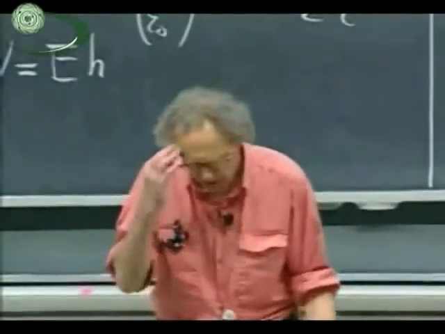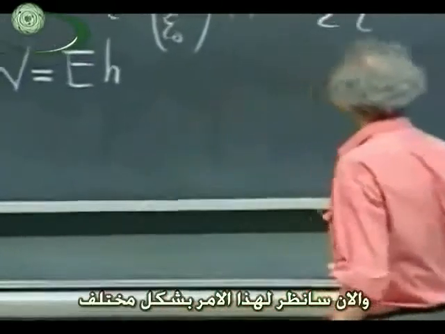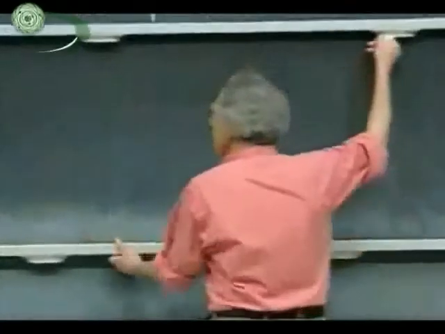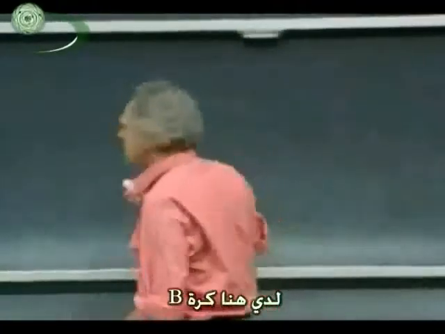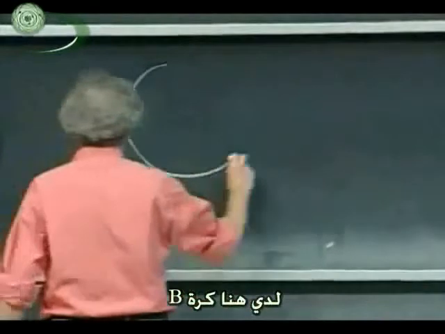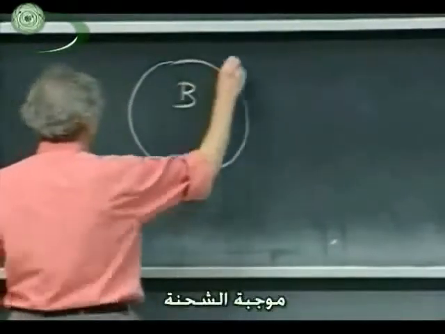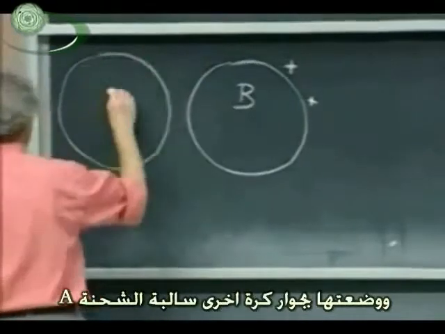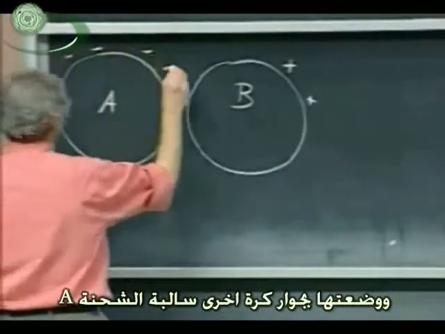Now, I will look at the situation a little bit differently. I have here a sphere, B, positively charged, and I place it close to another sphere, A, which is negatively charged.